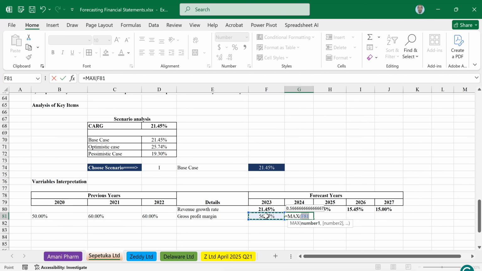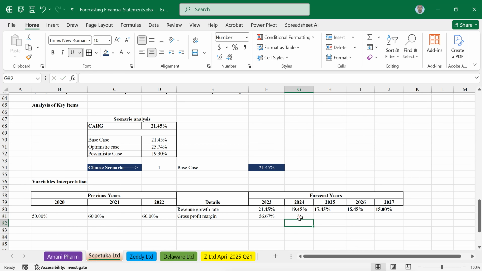This minus 2%, subject to a minimum of 50%. Close bracket and enter. Of course, convert this to percent. Then drag across.